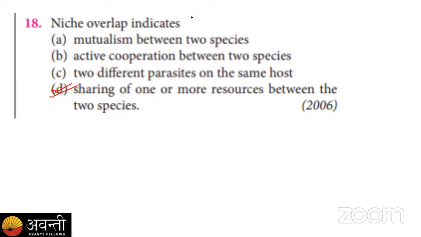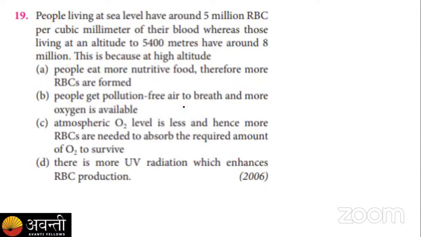Okay, so the next question is, people living at sea level have around 5 billion RBC. Those who live at sea level have 5 billion RBCs per cubic millimeter. And those who are living at altitude, that means height, the RBC level has increased to 8 million, right? Initially it was 3-5 million, now it became 8 billion. That is 3 billion RBCs have increased.